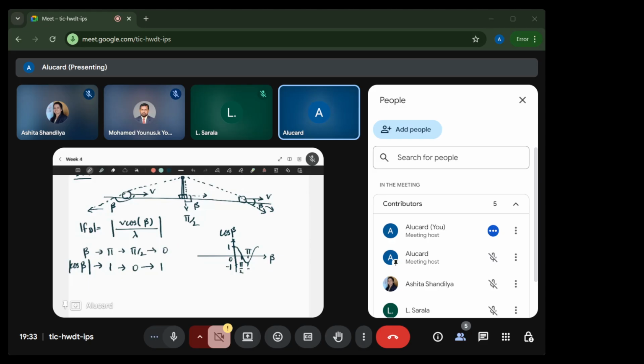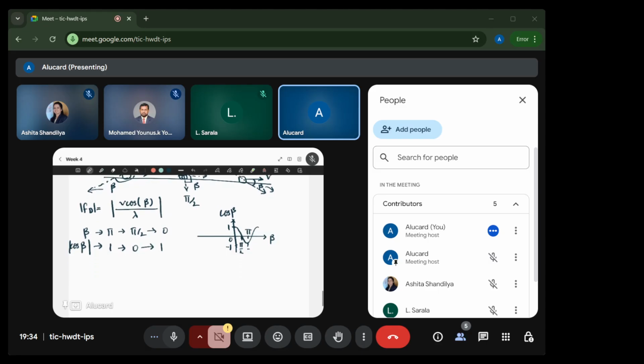From this you can see that when he is moving towards the base station, the Doppler is constantly decreasing, and then when he moves away from the base station, it again starts increasing back to 1. That's mostly just a physics problem.